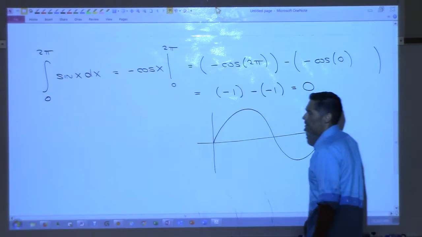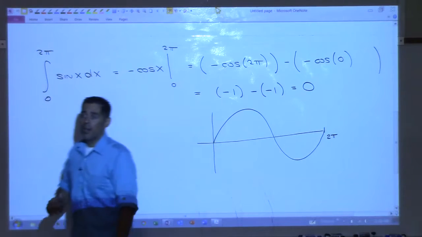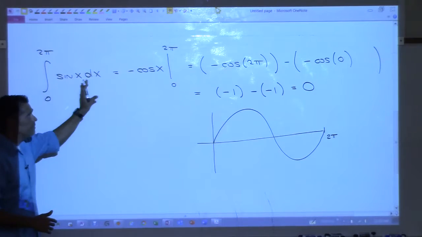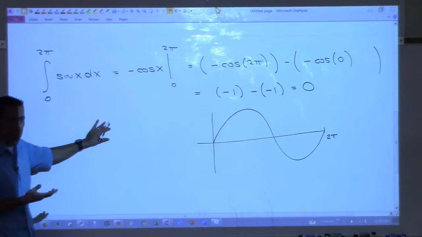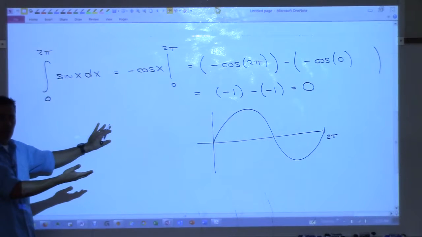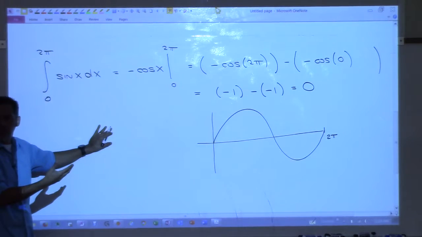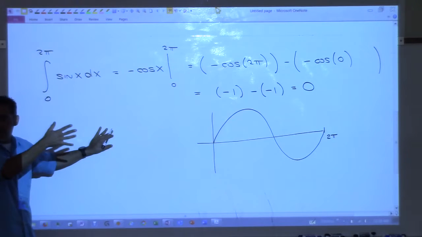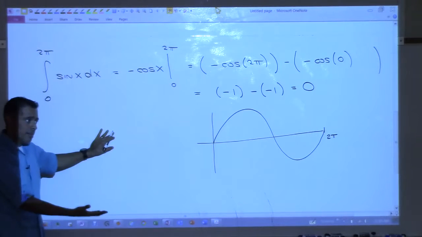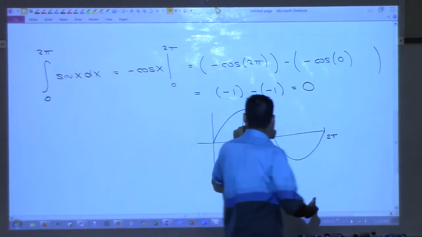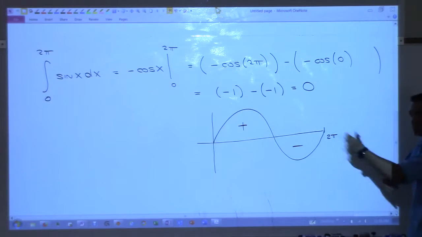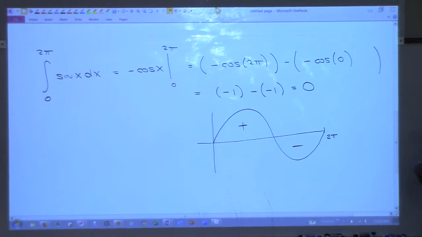And what we've discovered is that the area underneath this, when we use this formula, is actually 0, which doesn't make sense because it does have area. Obviously, it's counting the area above the x-axis as positive, and the area below the x-axis as negative, right? And they're canceling each other out because of the symmetry between those two arcs of the sine function. So it's kind of weird that we have a negative area, right?